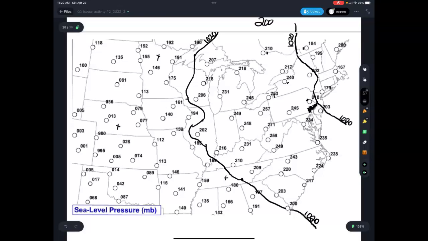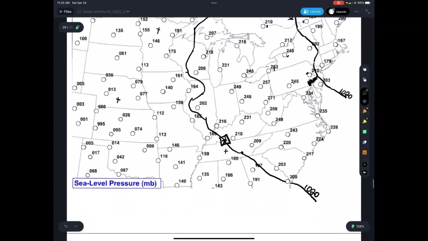Okay? And remember, if we erased all the numbers and all the weather station dots, and all we had was our lines on the map, a person viewing our map would know that everywhere on that line, the air pressure is 1,020. So if I lived right here, I would expect my air pressure to be 1,020.